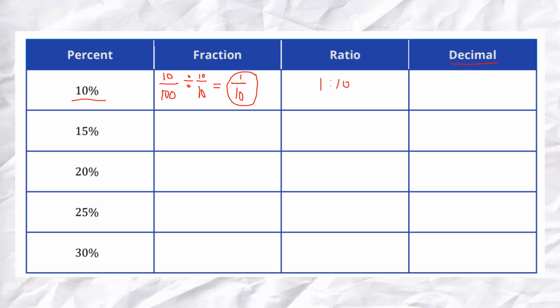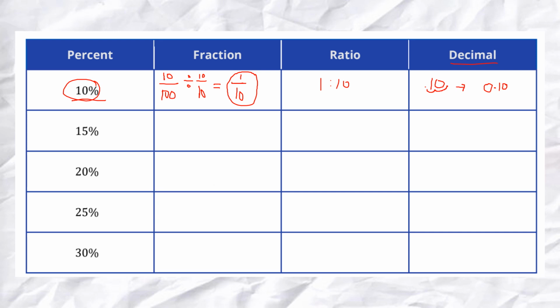And then for the decimal part, if we have 10%, remove the percent sign, change it into a decimal, then move the decimal point twice to the left. So that is 1, 2. So therefore, the decimal form is 0.10 or just 0.1.